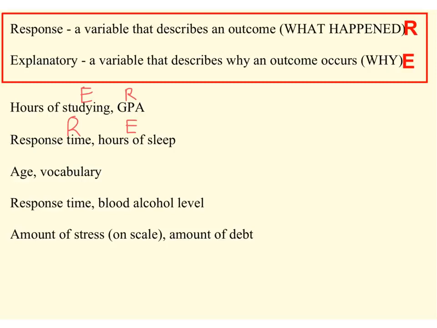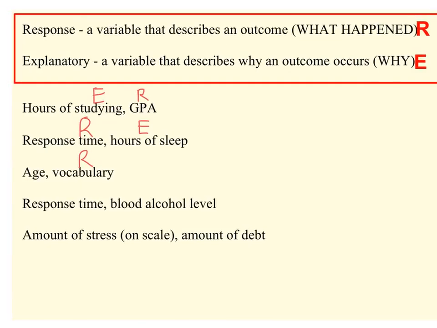Age and vocabulary. Well, I would think that the older you are, the more words you know. So age would be the explanatory, and vocabulary would be the response. I'm going to move this out a little bit because I need to write next to age. Then response time and blood alcohol level.